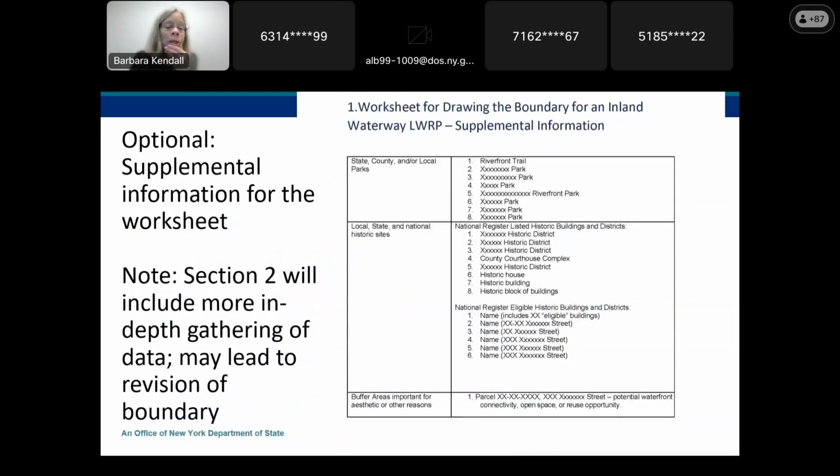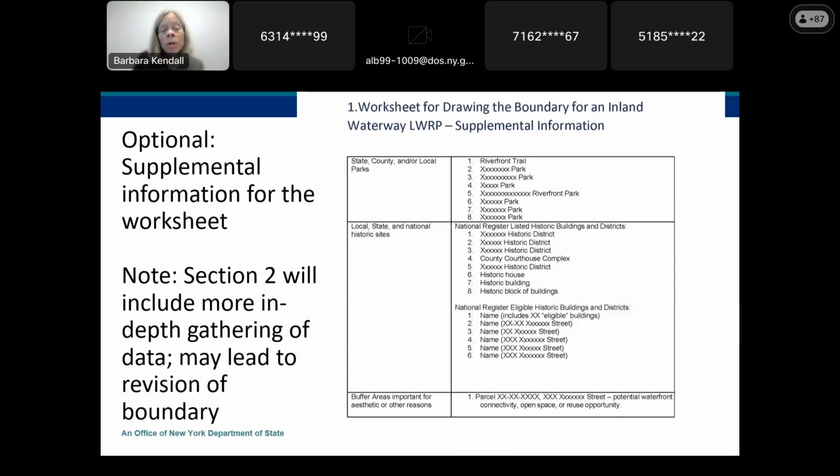An optional way to do this, a couple communities have done an additional sheet. So if you have a lot of historic sites, this is just, again, for the boundary. You can add supplemental information when you're submitting this boundary to us and say, this is why we wanted to expand it here, because we have these listed historic sites or other important properties.